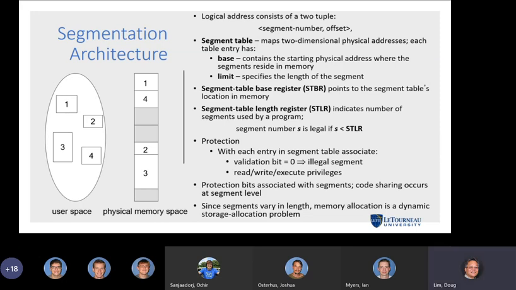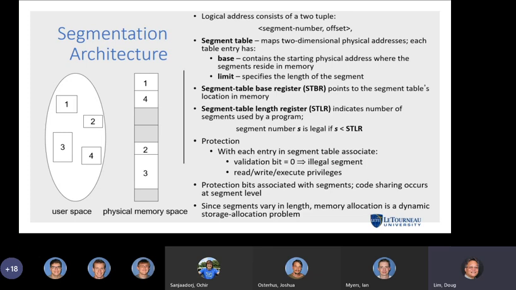Protection: with each entry in the segment table, a valid bit of 1 means it is valid for this particular process, that it is in memory, and 0 means that it's not a legal segment. This is somebody else's memory. So here is the protection mechanism to keep processes from stepping over each other's memory.